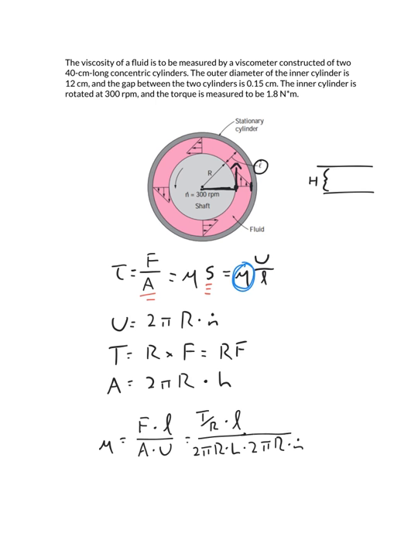And so we simplify this and we will get T times L over 4 pi squared R cubed H n dot. We know all of these values are given in the problem.